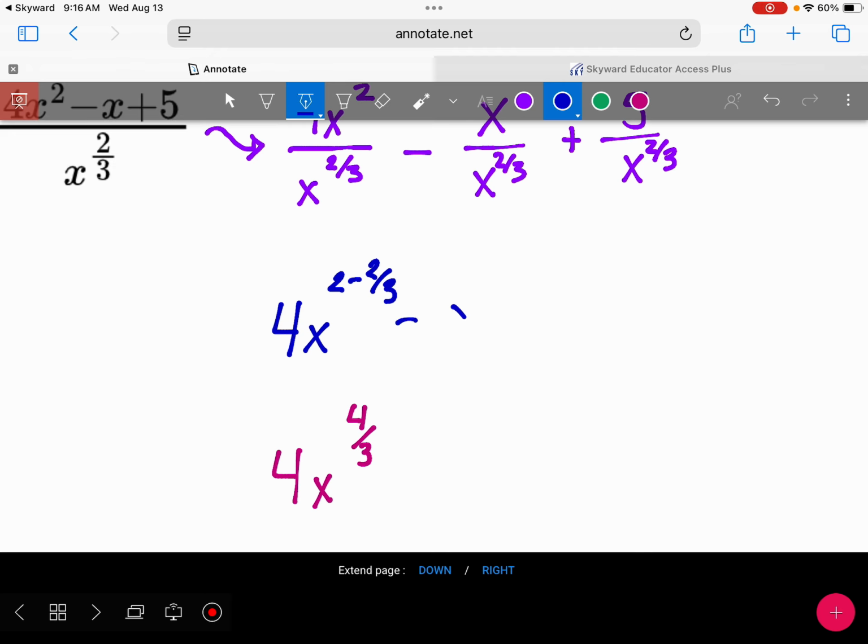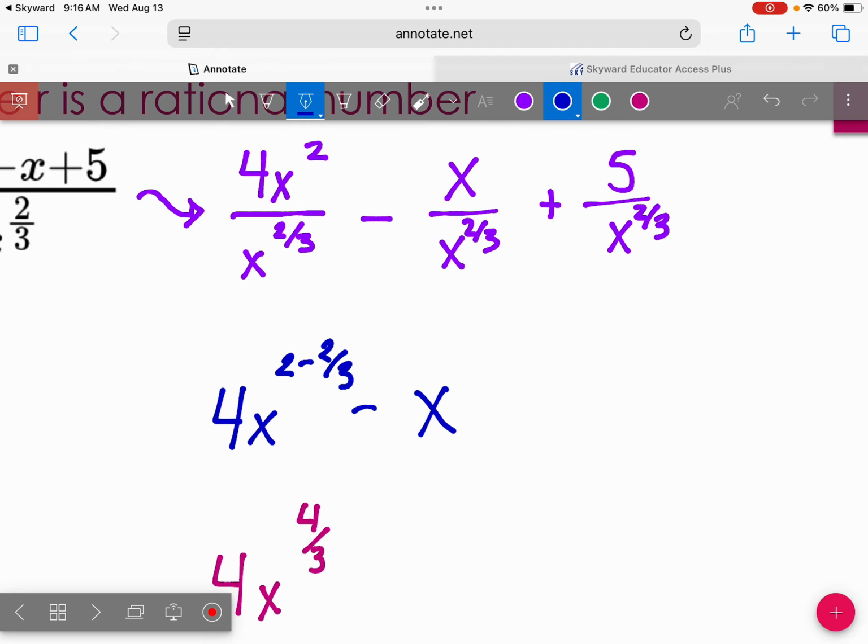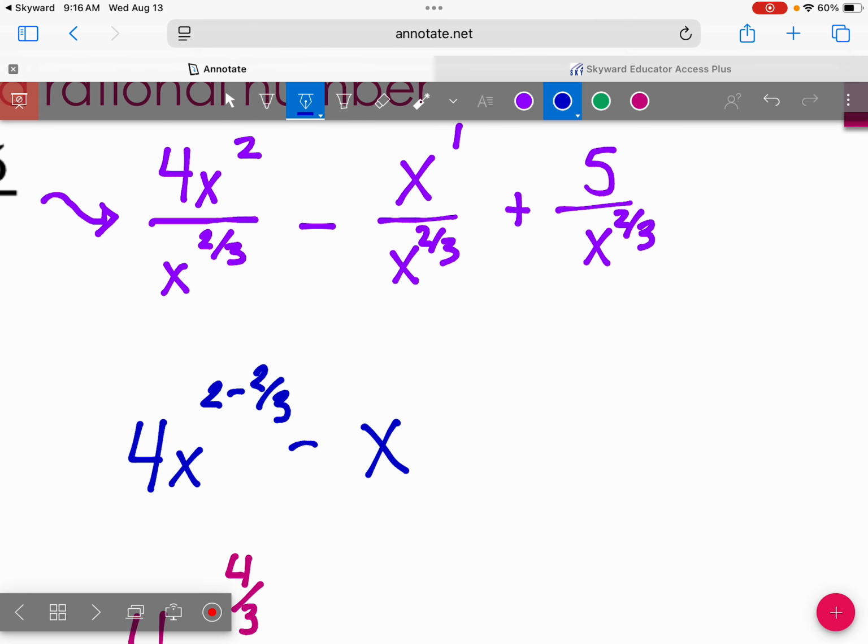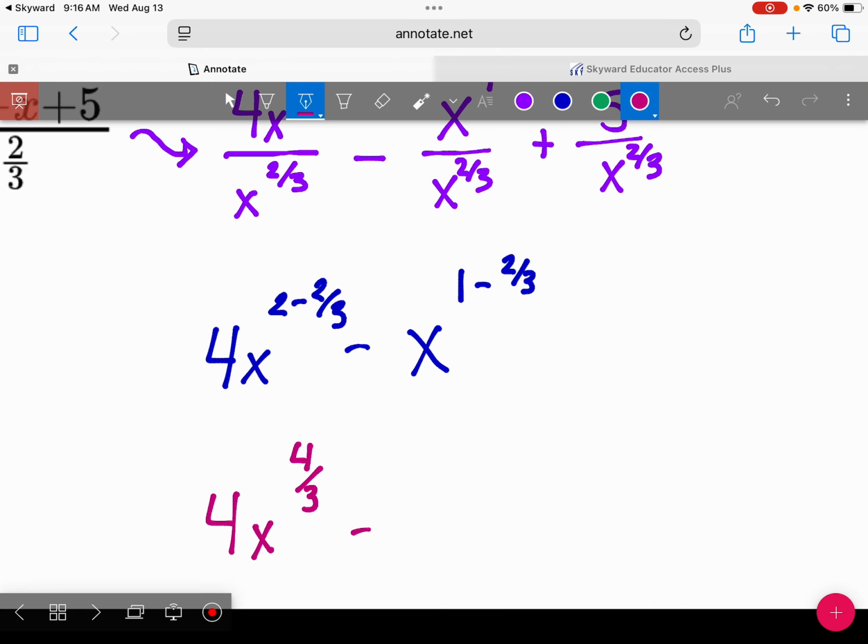If it helps, write it out like that. Put our subtraction in there. What exponent does this x have? 1. So when we're looking at our subtraction here, it's going to be 1 minus the 2/3. So we're going to have x to the, what's our simplified exponent on this one? 1/3.